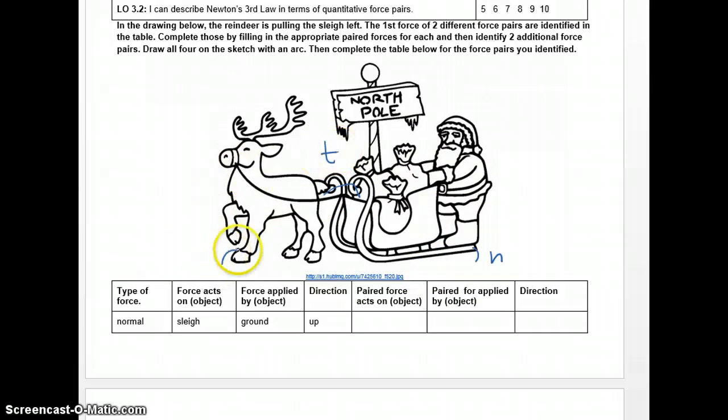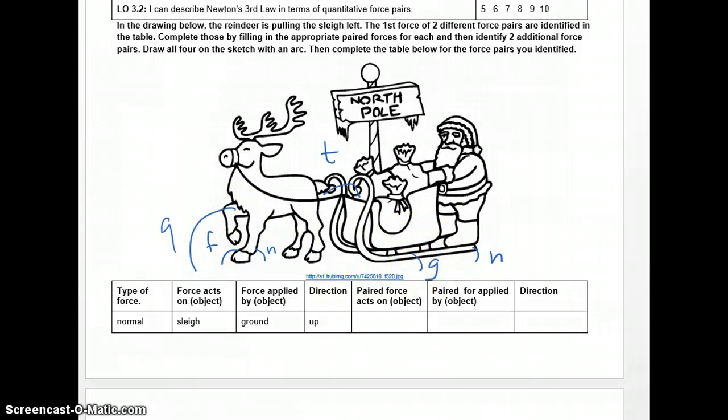We have frictional force between the reindeer and the hooves, the frictional force between the hooves and the ground. We have normal force between the hooves and the ground. We have gravitational force for all of these objects, and the list goes on.